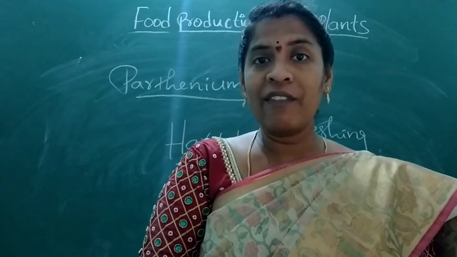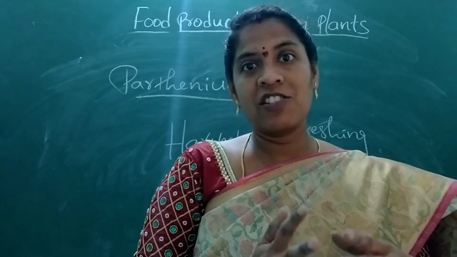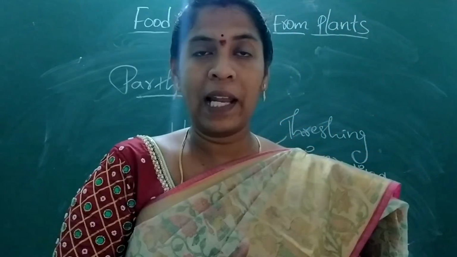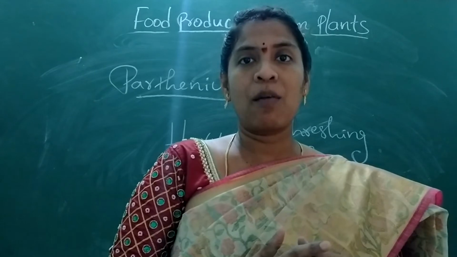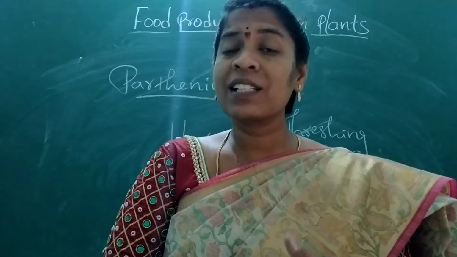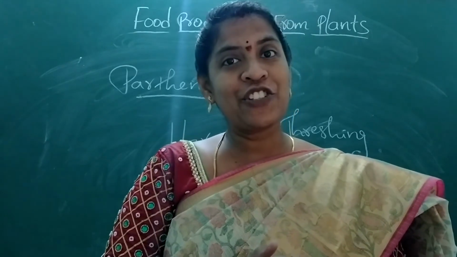Next we also discussed the seasons, for example rainy season, winter, summer. Based on that, crops are divided into three types: Kharif, Rabi, and Zaid crops. Zaid means summer crops. Later we also discussed long night duration crops and short night duration crops.